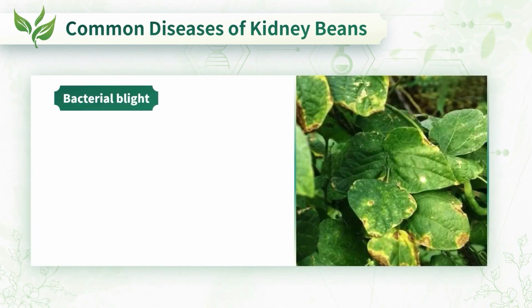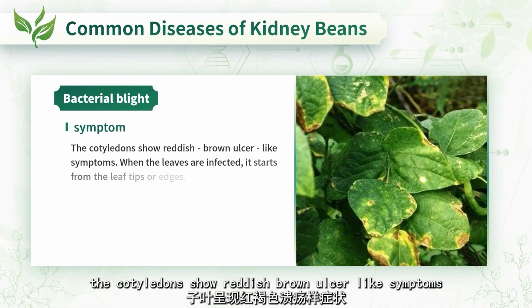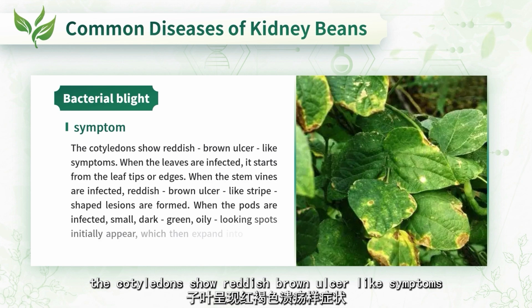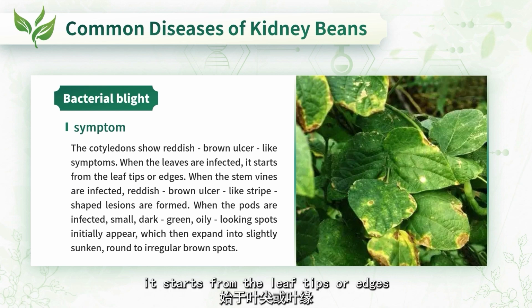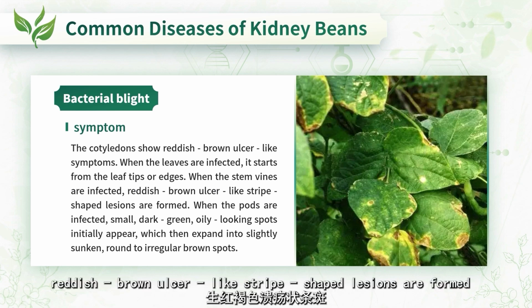Bacterial blight. The cotyledons show reddish-brown ulcer-like symptoms. When the leaves are infected, it starts from the leaf tips or edges. When the stem vines are infected, reddish-brown ulcer-like stripe-shaped lesions are formed.